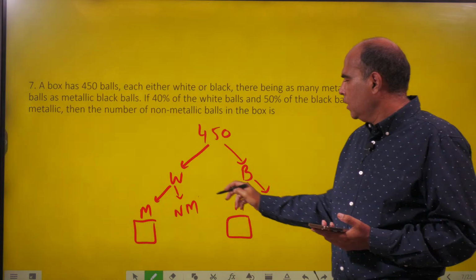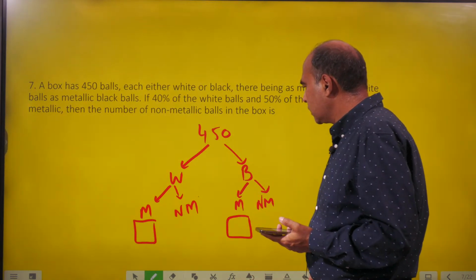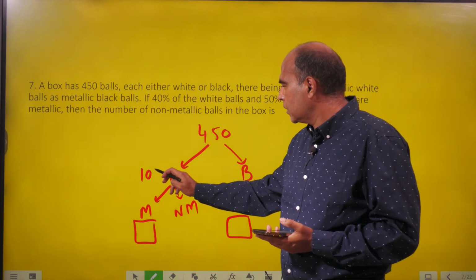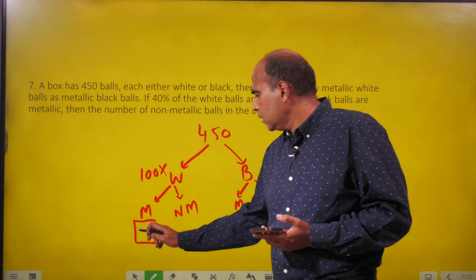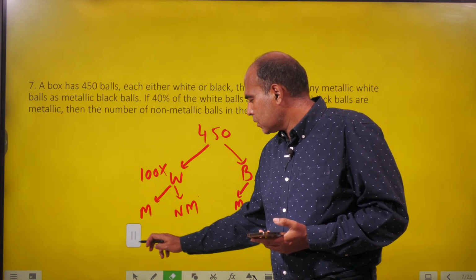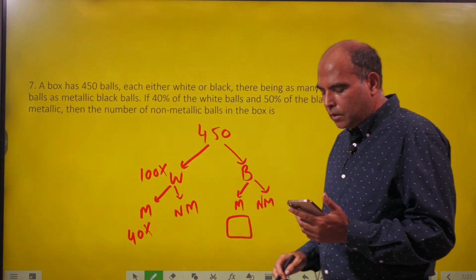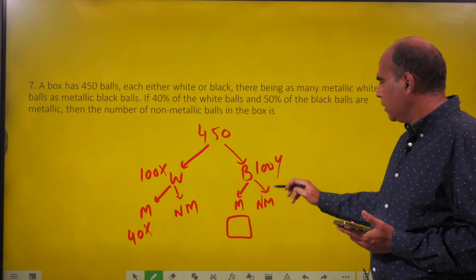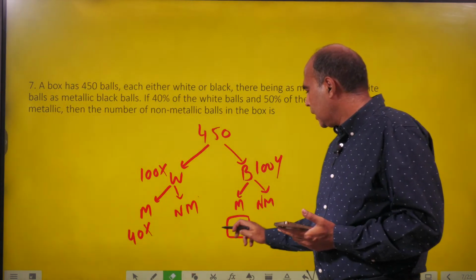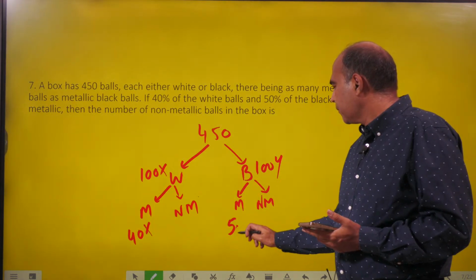So if I assume the white balls as X or 100X, it sometimes makes more sense to assume this as 100X. If I assume the white balls as 100X, it means that my metallic white balls are 40X. And if I assume my black balls as 100Y, this tells me that the metallic black balls are 50Y.